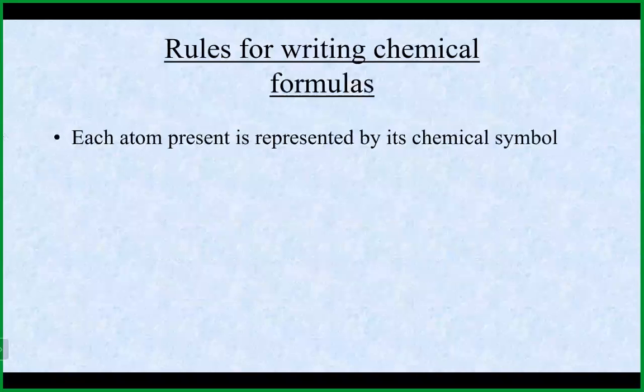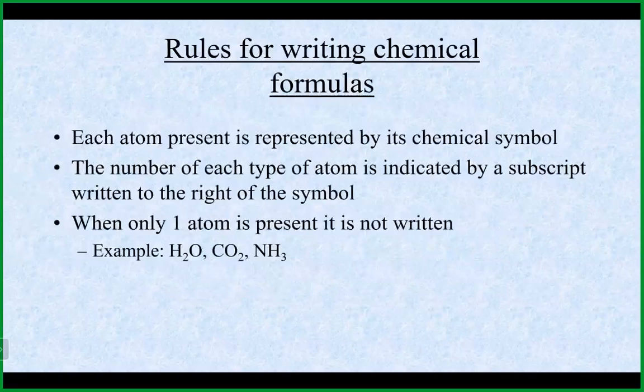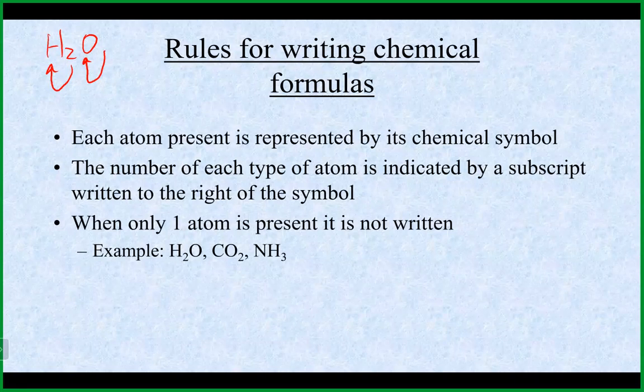Now, when we write chemical formulas, we use the symbols for each of the elements, and we write next to the symbols a subscript. So for H2O, the subscript always goes for the element that is to the left of it. And in chemistry, if there is nothing written, it is assumed to be 1.